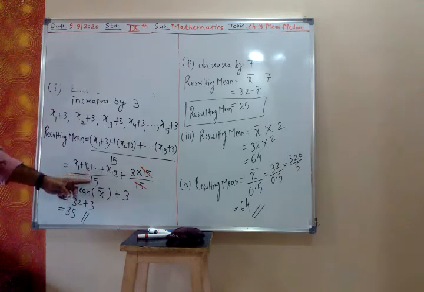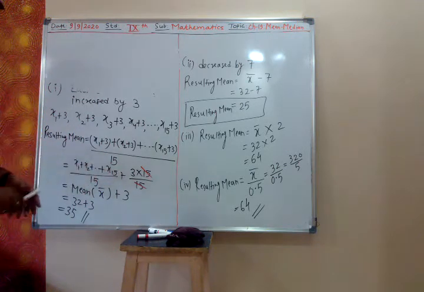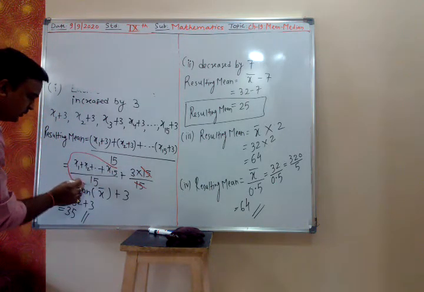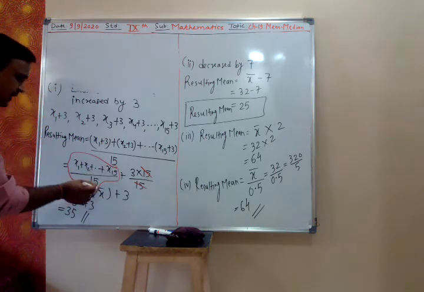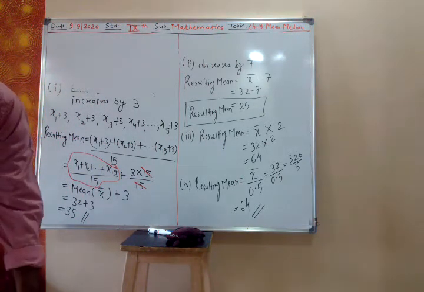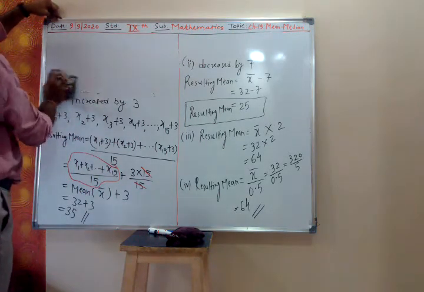How many? 15. When we add all the values of x and divide by the total number of values, we get the mean value. So this whole value is nothing but x bar.